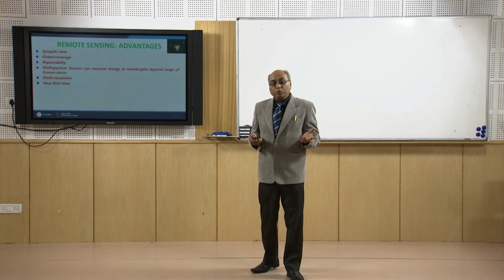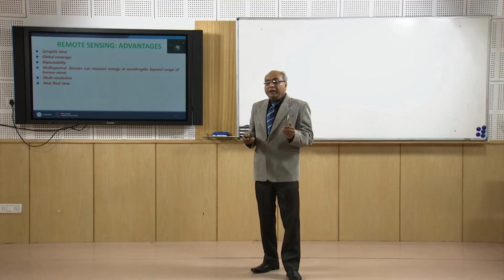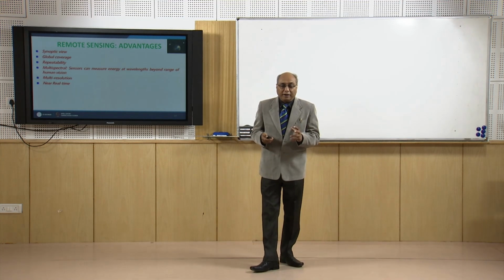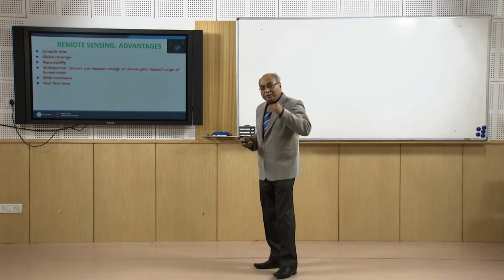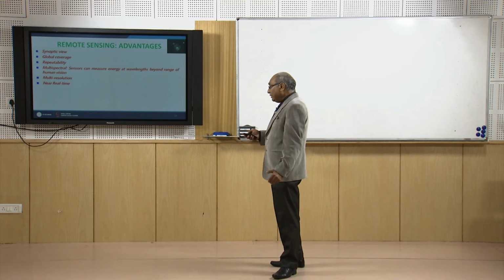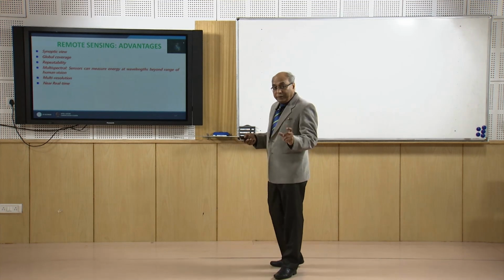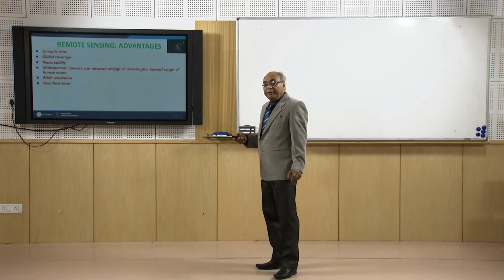Since 2002 we have been operating a NOAA AVHRR earth station, because NOAA is directly broadcasting. So we don't need a license or encryption code. We can just record the data whenever the satellite is overpassing our earth station. So the data comes in near real time. That is another advantage, especially in disaster related applications, where it provides a very big advantage.